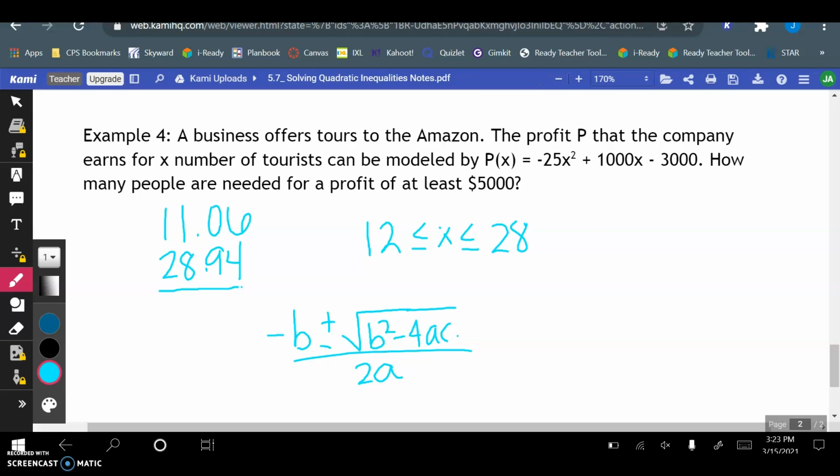Now the only thing that you would want to do on this would be to subtract 5,000 from both sides so that you had it equal to 0 when you use the quadratic formula.